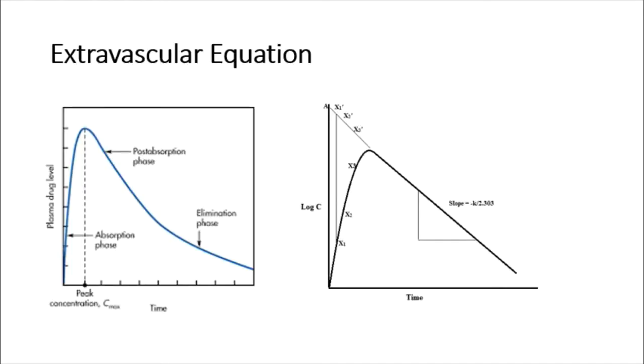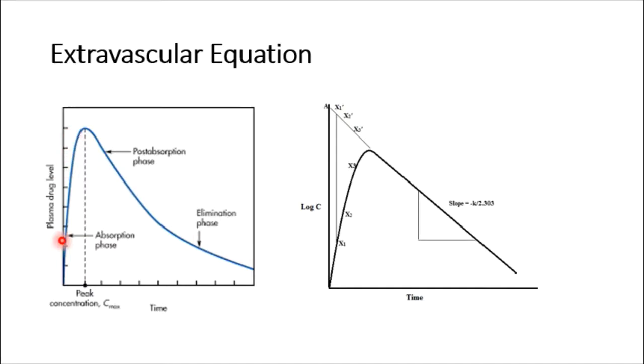Okay, so for extravascular equations, where the drug is administered by routes other than intravenous administration, we have an absorption phase, a post-absorption phase and an elimination phase. For example, this plasma concentration time curve is a typical curve following oral administration of a drug.